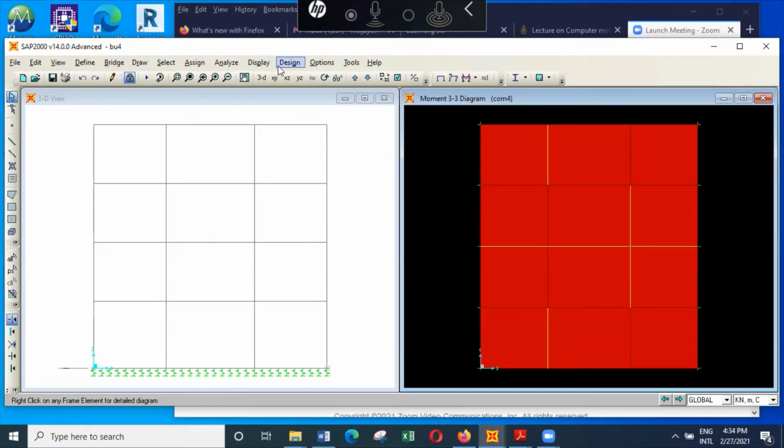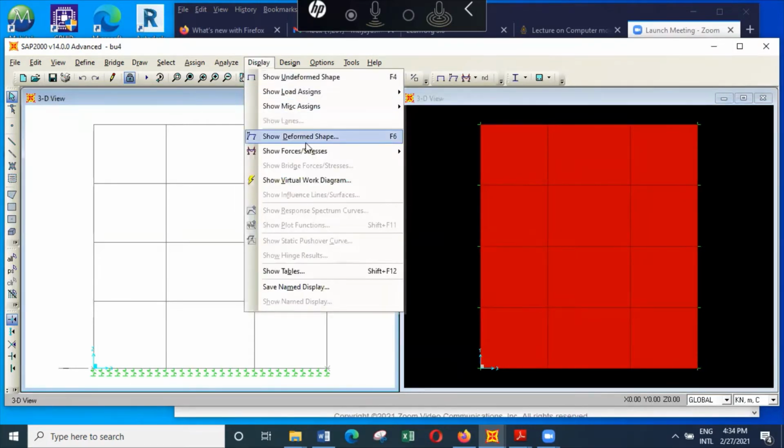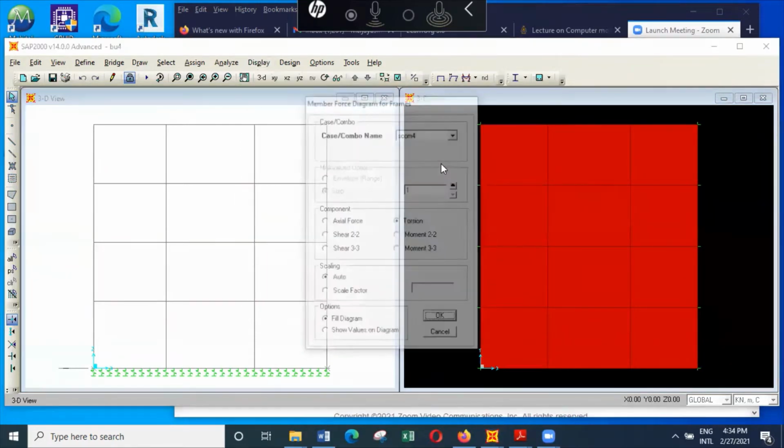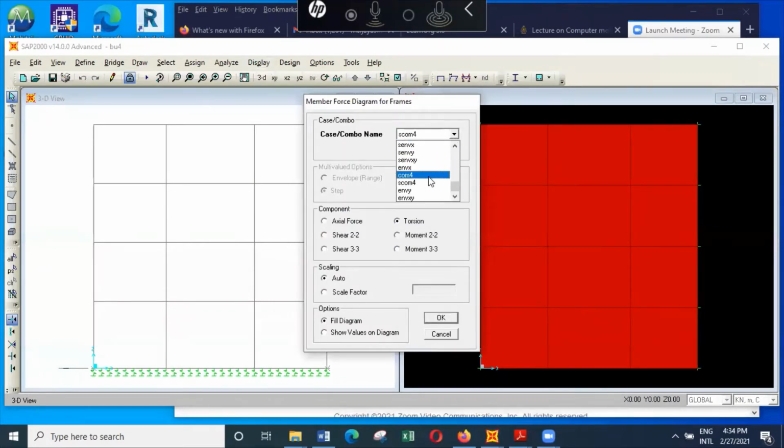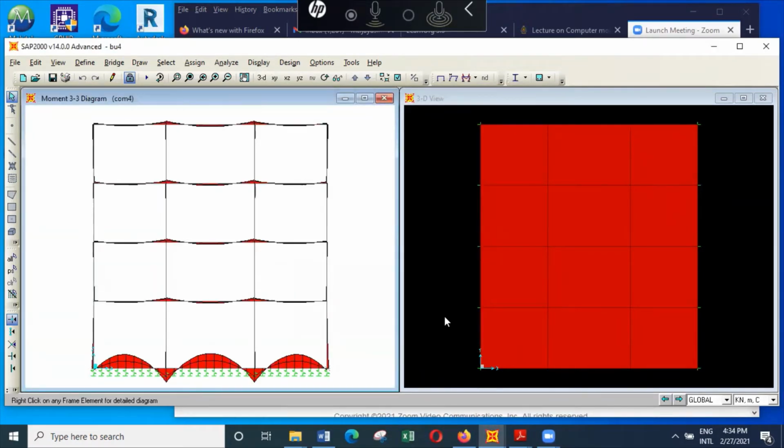So we need the load under ultimate conditions.